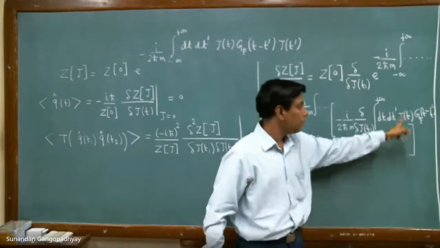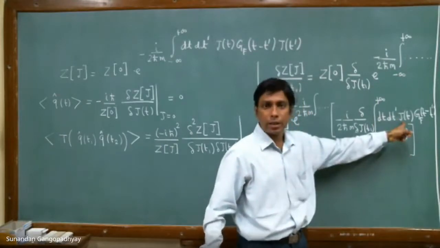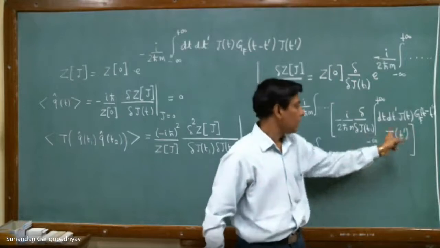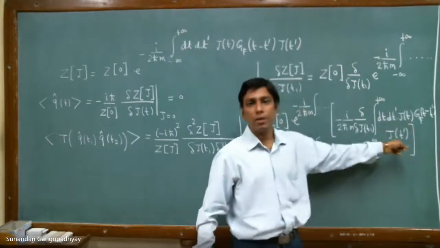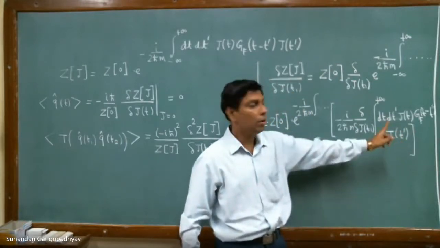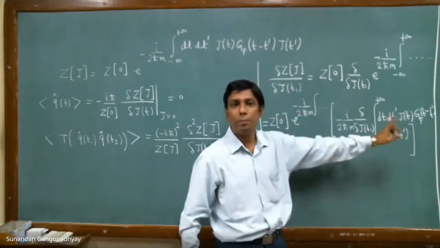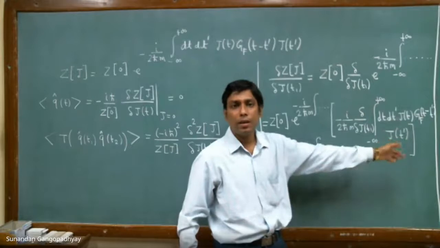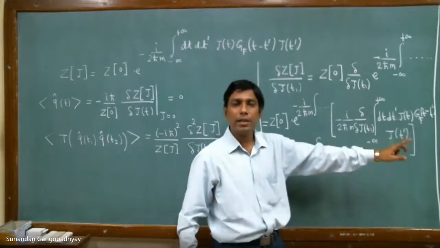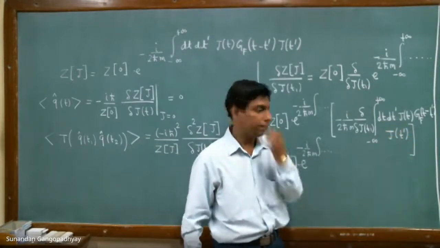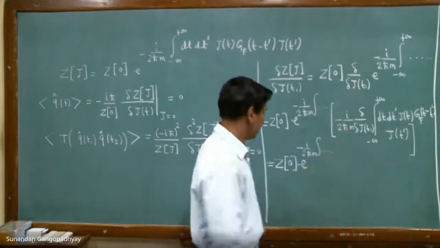When this acts on this, it gives a delta function, and when this acts on this, it also gives us a delta function. So both these contributions will basically add up. You can perform the delta function integrations and check that both contributions add up, so it will give a factor of 2.